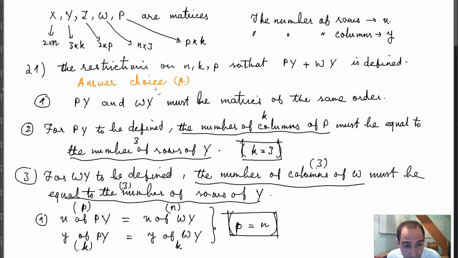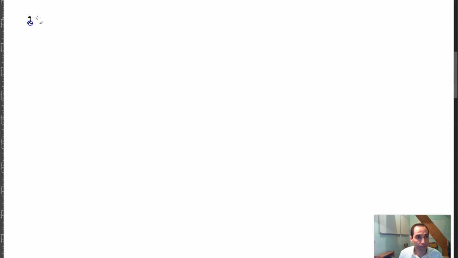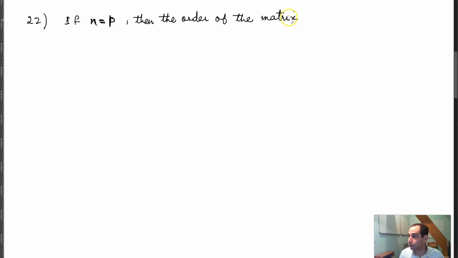Now, question number 22. We have, using the same matrices with the same properties and everything: if n is equal to p, this is lowercase p, then the order of the matrix PY plus WY will be defined.